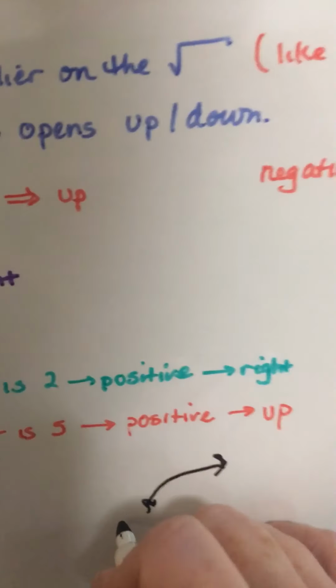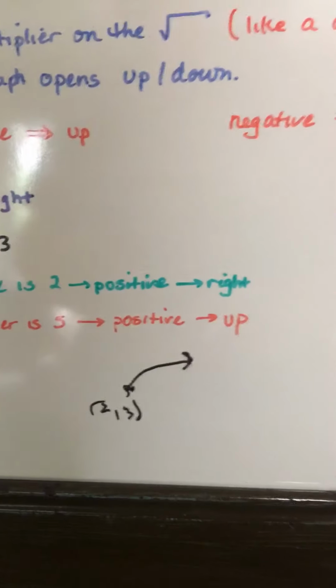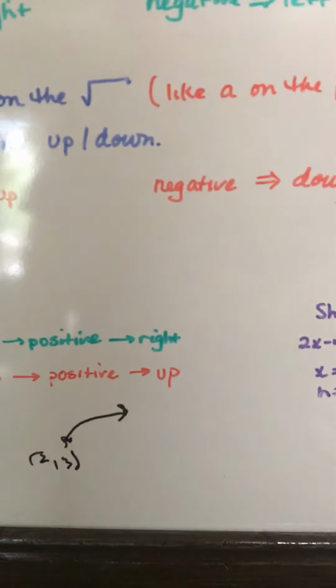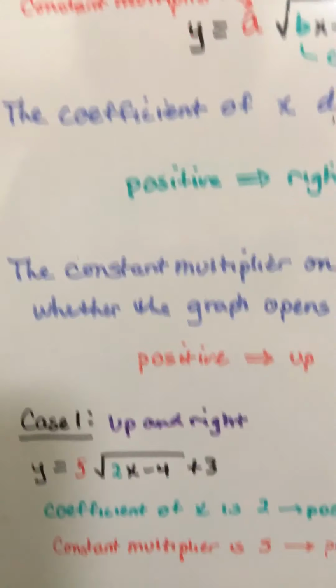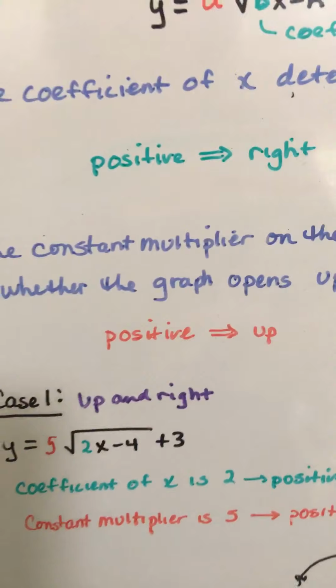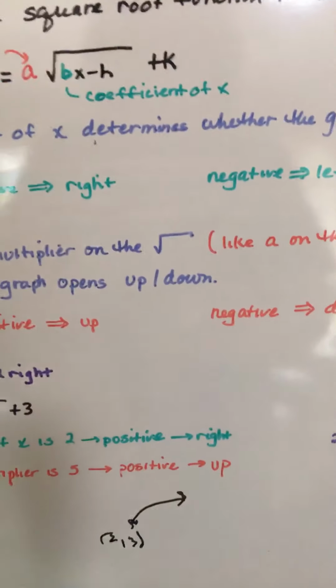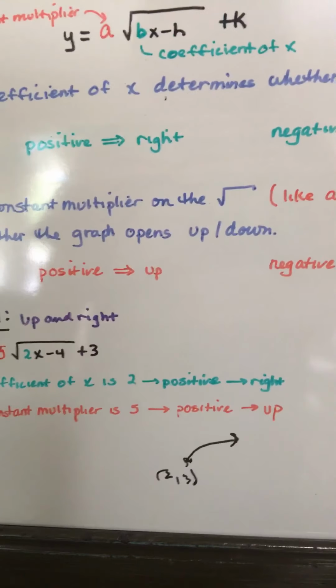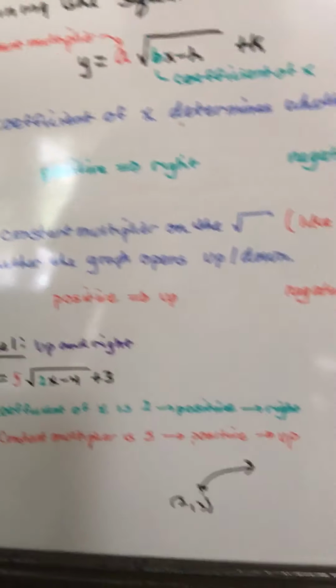So I now know generically it looks like 2, 3, and it's going to go up. The 5 and the 2 are going to determine some other qualities, like what the y coordinates exactly are going to be. That's not our interest. We just want to know the shape.